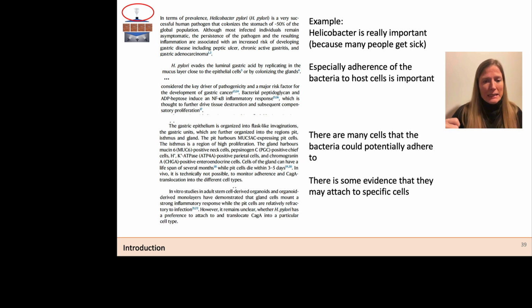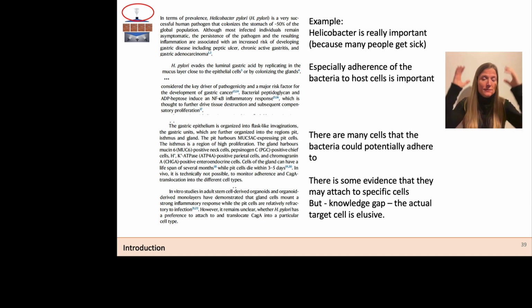Now, I need to say that there is some evidence that Helicobacter may attach to specific cells, but, and now comes the knowledge gap, the actual target cell is elusive. These are the blocks that I need to tell you, and I tell exactly those blocks. I leave out all my interesting NF-kappa B stuff that I've also done, because it doesn't belong in this story.